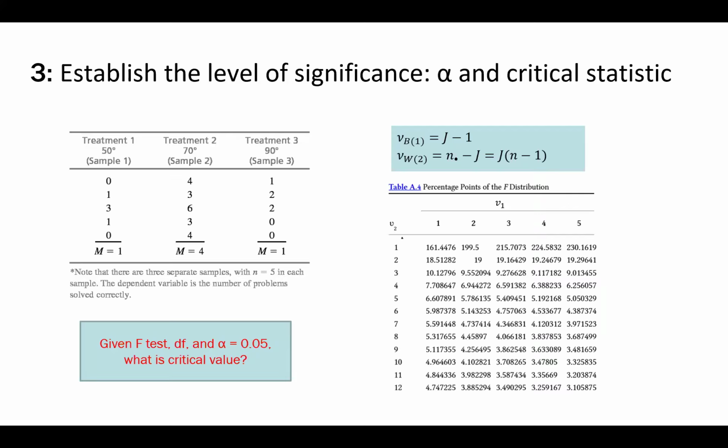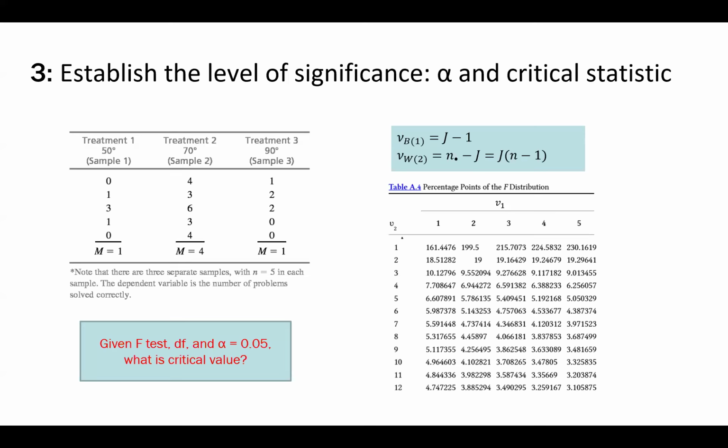The degrees of freedom for the denominator term is the total sample size across all groups minus the number of groups, or an alternative way of writing that formula is the number of groups times the number of cases within a group minus 1.